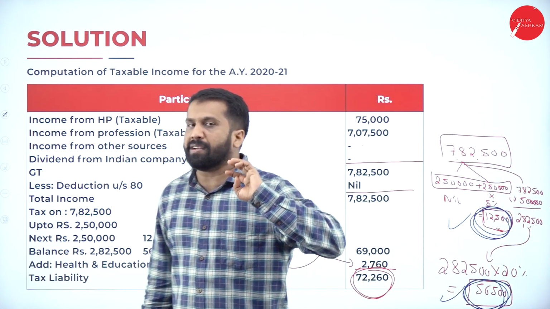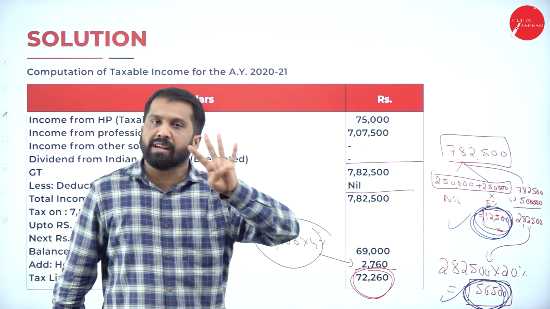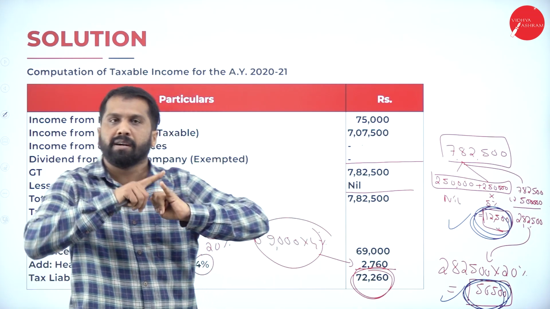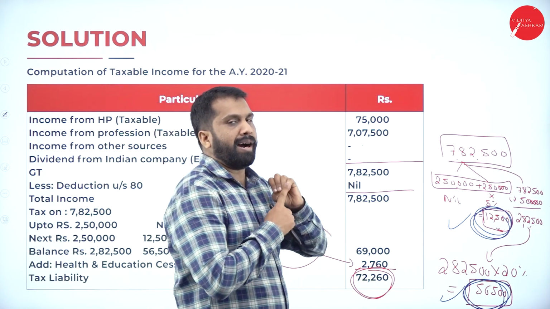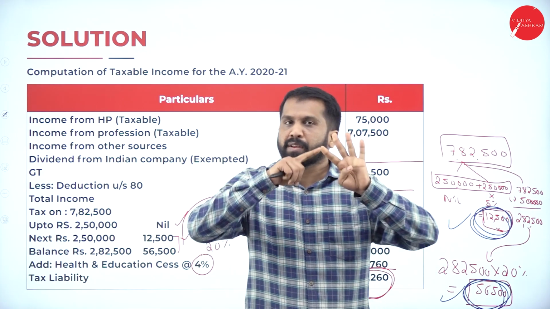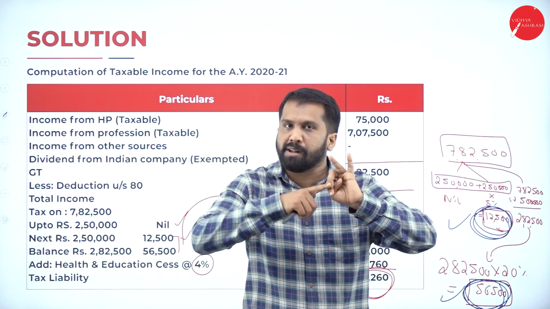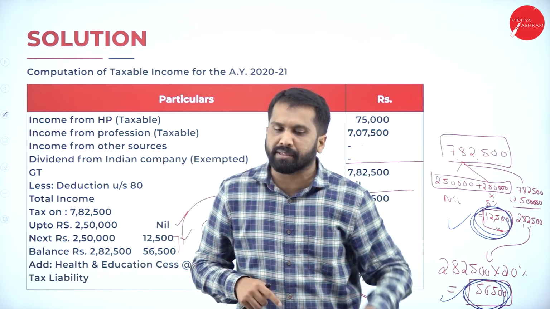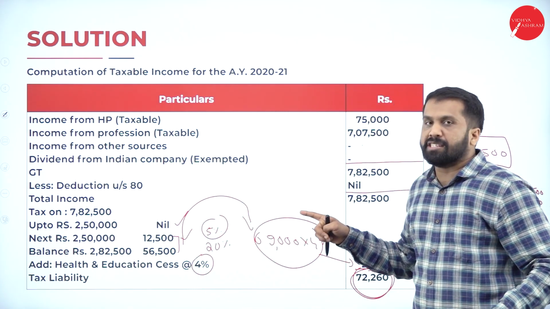Advance tax. How many installments are there? 4. What are the dates? 15th June, 15th September, 15th December and 15th March. What are the percentages? 15%, 30%, 30%, 25%. Now, is there any TDS paid?